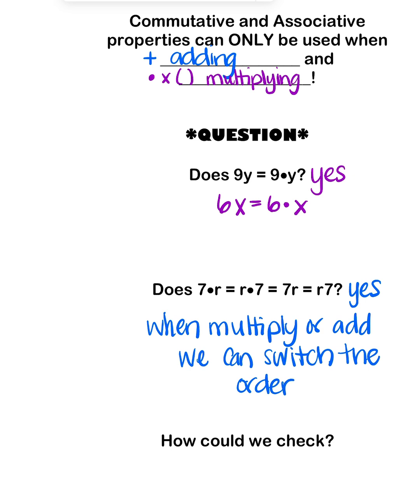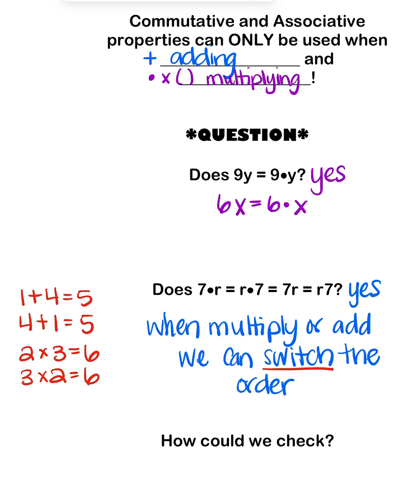If I said, off to the side, if I said 1 plus 4 equals 5, we know that's the same as 4 plus 1 equals 5. Or if I said 2 times 3 equals 6, we know that's the same as 3 times 2 equals 6. So when we multiply or add, we can switch the order. Okay?